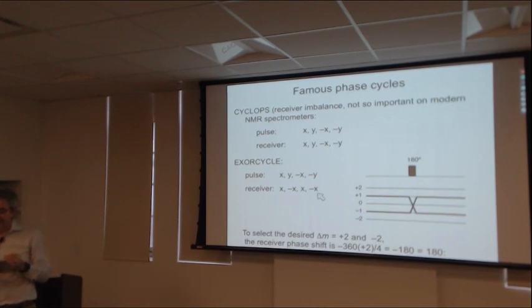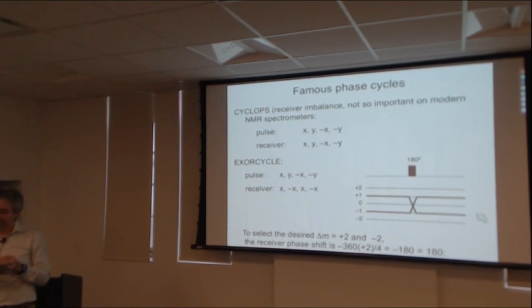And this phase cycle will do it. We have this 4-step phase cycle, and the receiver just goes X and minus X, and that will do the trick. So the coherence order change, for example, shown here, goes from +1 to -1.